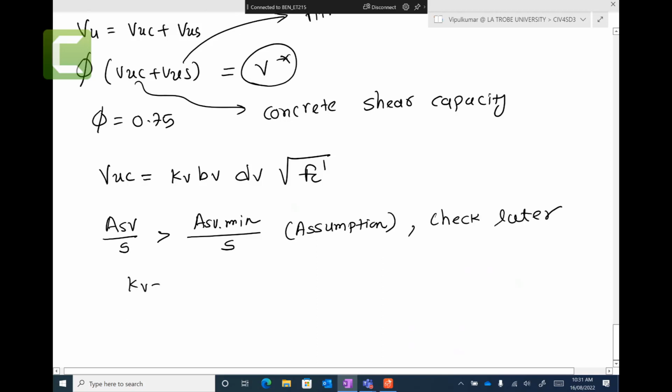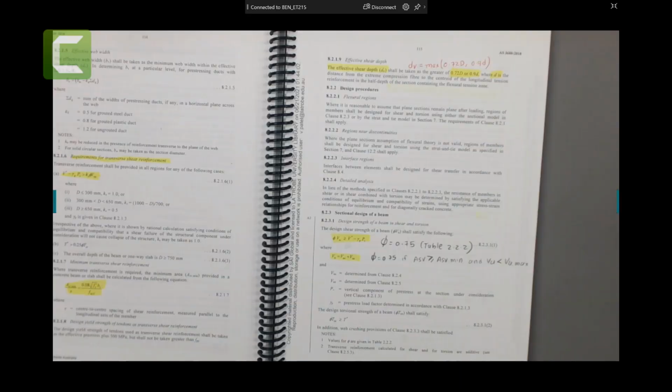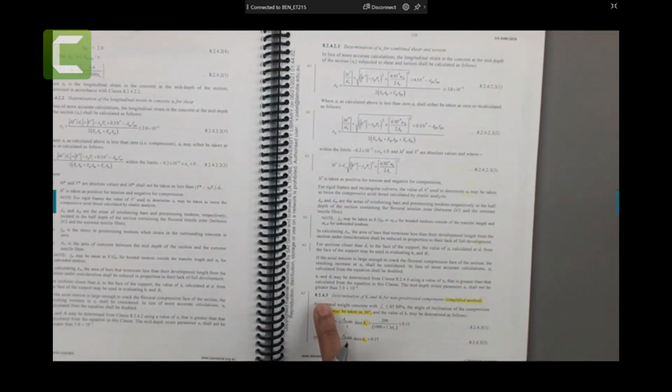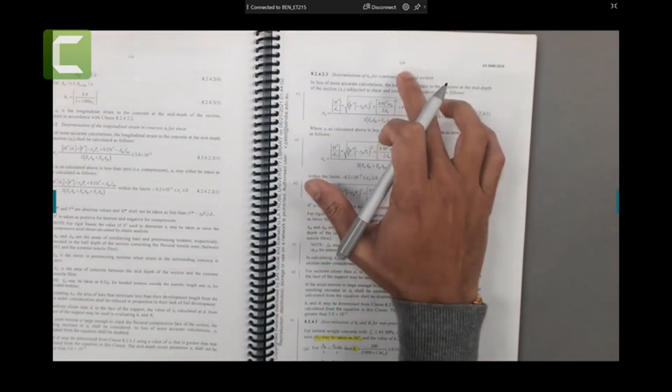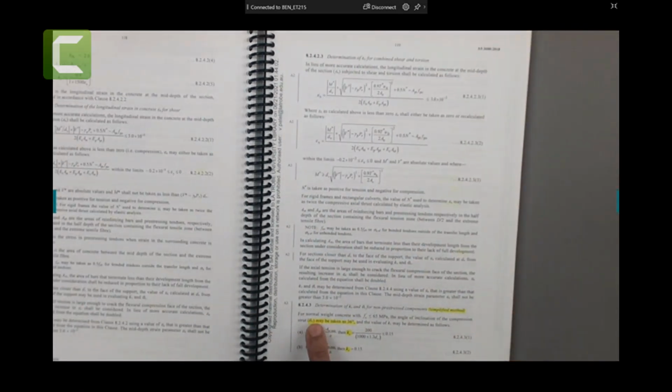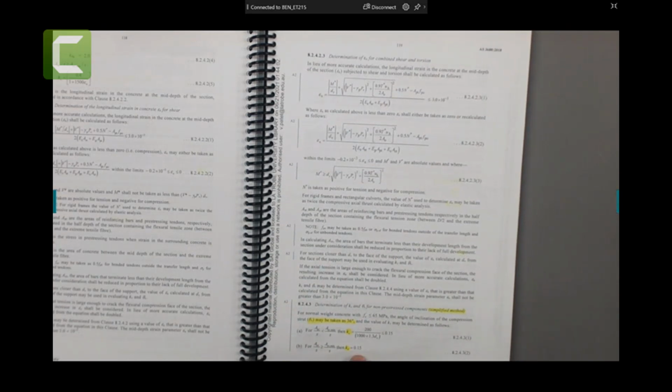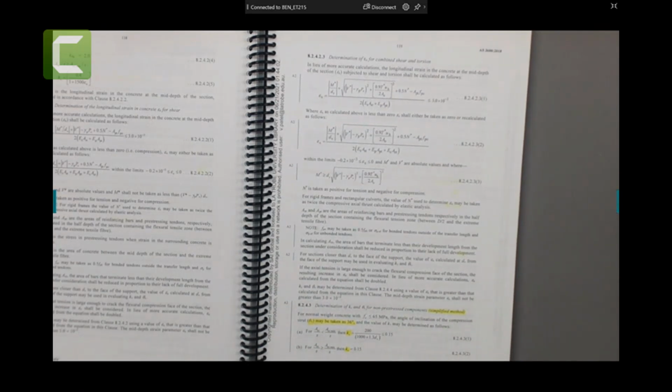For that case, we can take KV equal to 0.15. I think we are using the simplified method, clause 8.2.4.3 on page number 119. You have theta V equal to 30, and we made this assumption. We're going to make this check, and KV equal to 0.15.